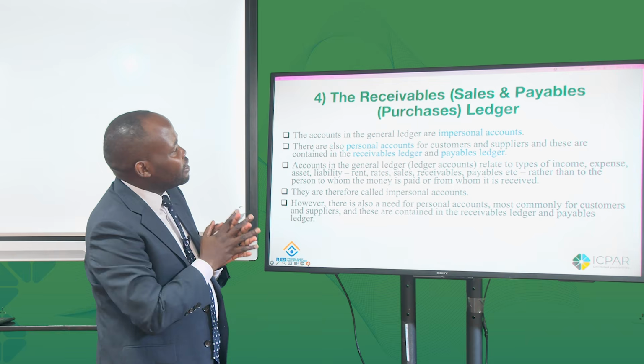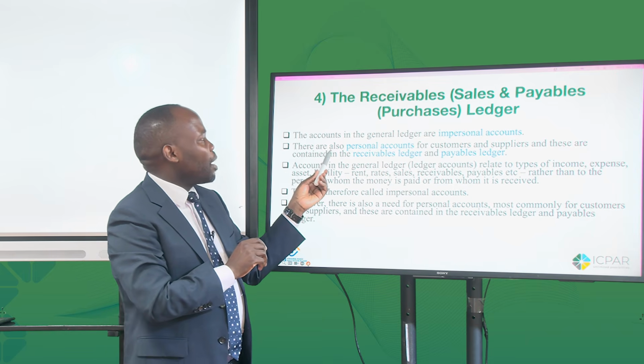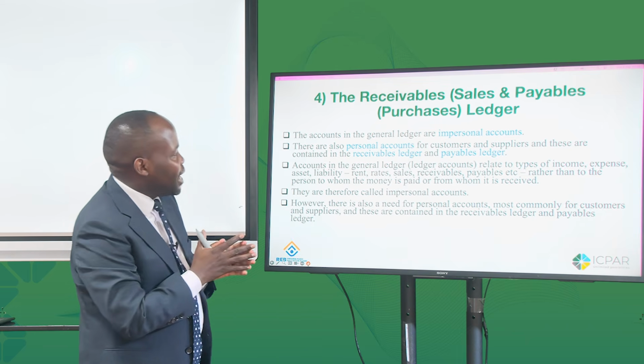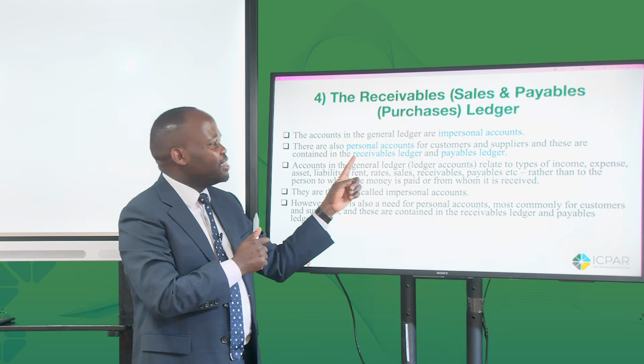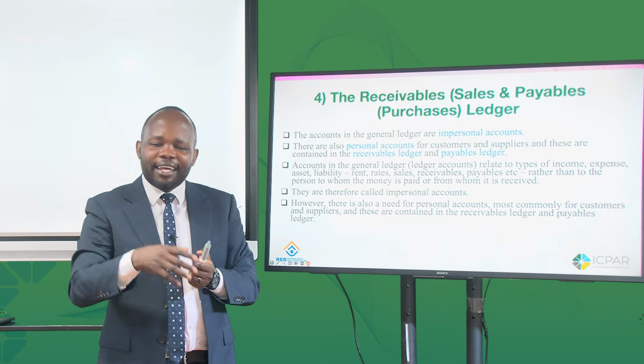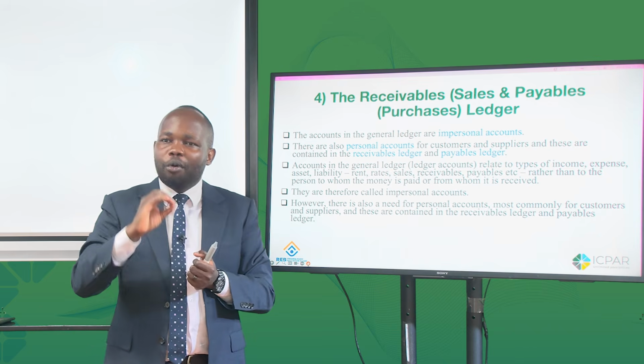Now in the receivables ledger, these are personal accounts for customers, and suppliers' accounts are contained in the payables ledger. So if it's an account related to a supplier, it goes to the payables ledger.